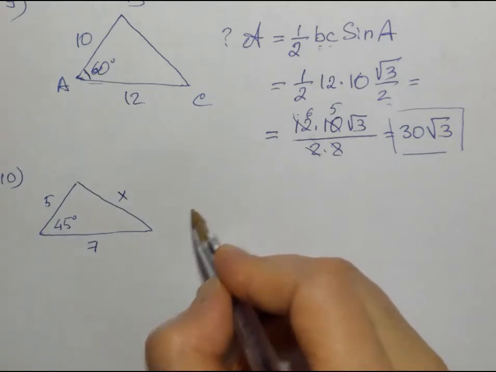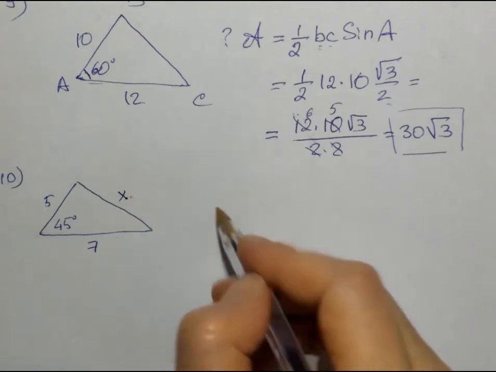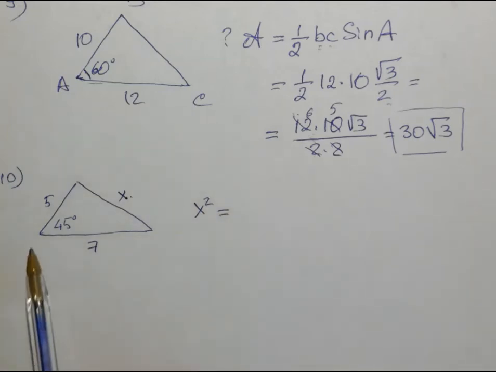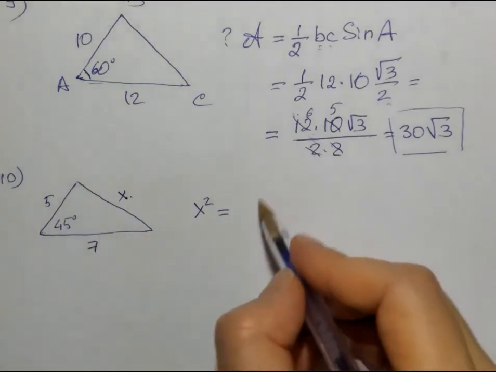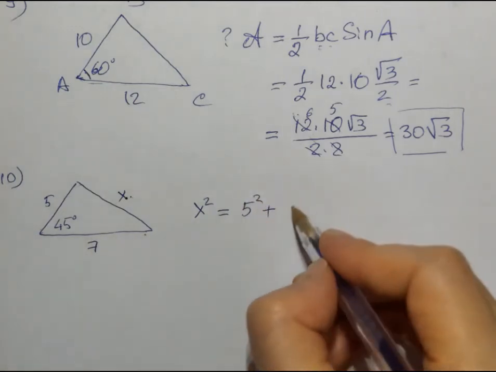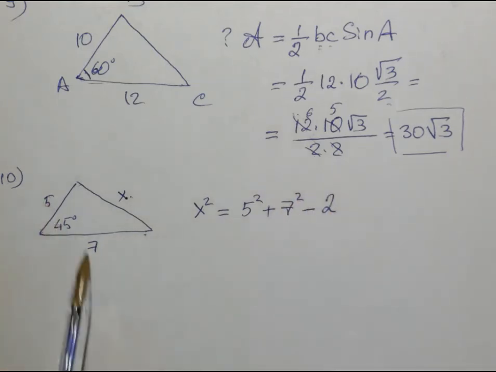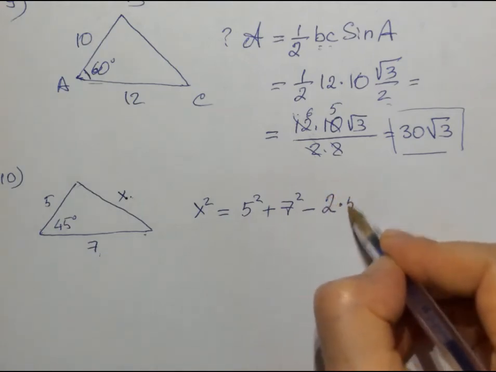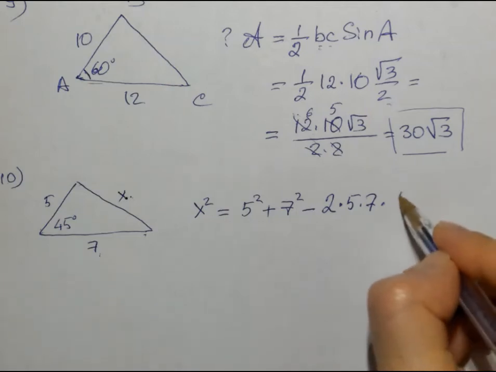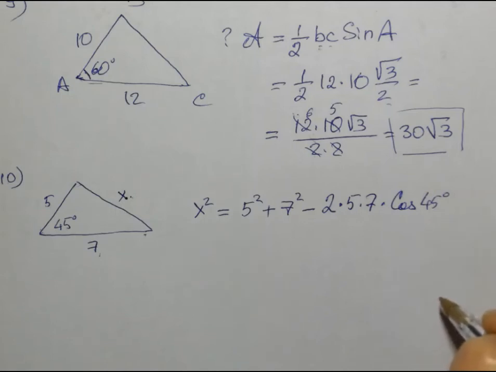We can write the law of cosines for the side x. x squared equals first side squared, 5 squared, plus second side squared, 7 squared, minus 2 times the product of these two given sides, times 5 times 7, times cosine of the angle between them, cosine of 45 degrees.